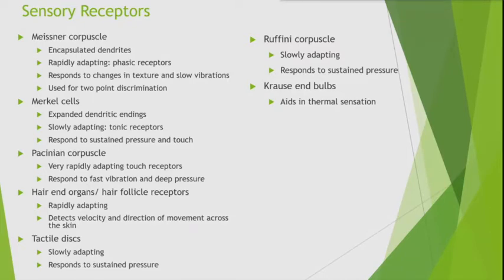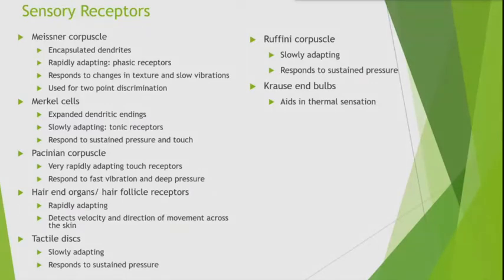Dorsal column ascends without crossing, and the lateral column crosses to the opposite side. No, tell dorsal column separately, spinothalamic tract separately. Both are in the nerve now. Where does it go? Posterior column, where does it go? It goes to the nucleus gracilis.